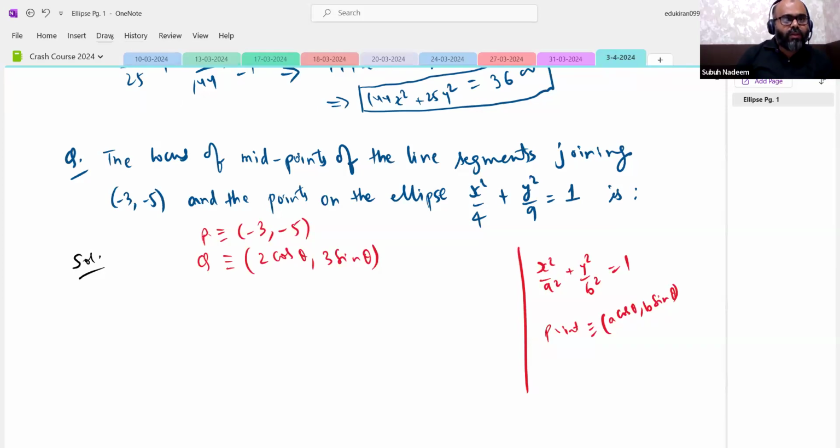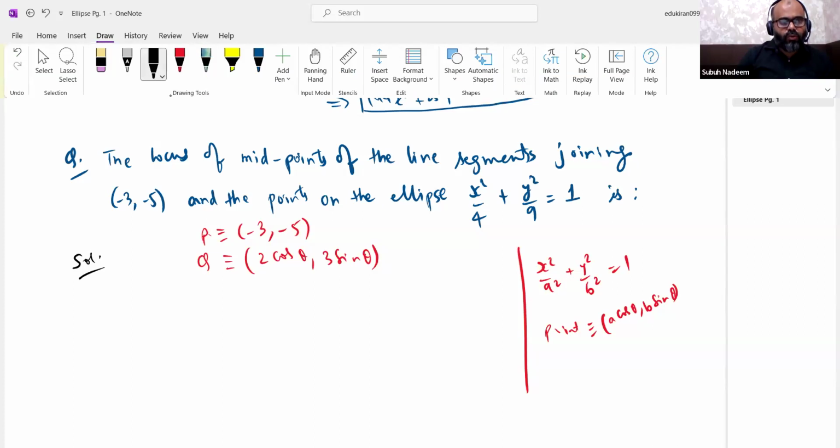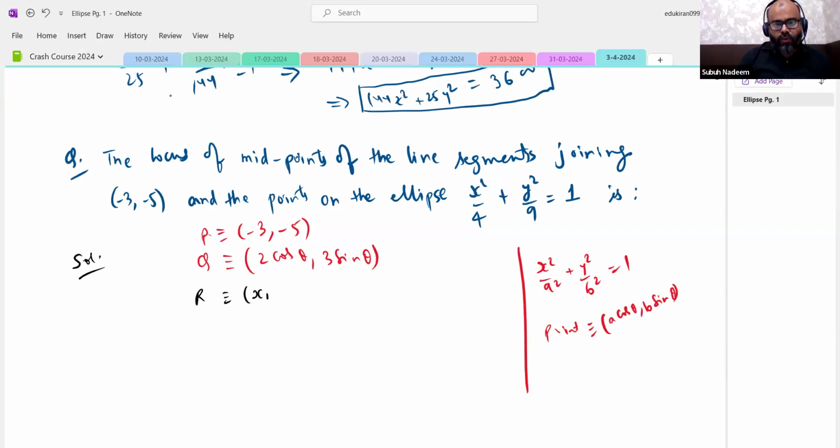So now, when we try to do this question, the locus of the midpoint of the line segments. Let the locus be our point x1 comma y1. That is the midpoint of PQ. This is P, this is Q, this is R x1 comma y1. So this is the midpoint.